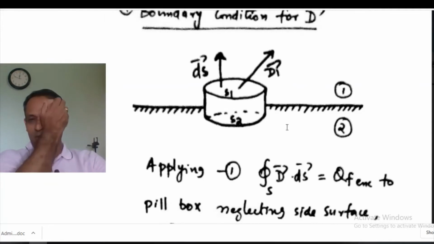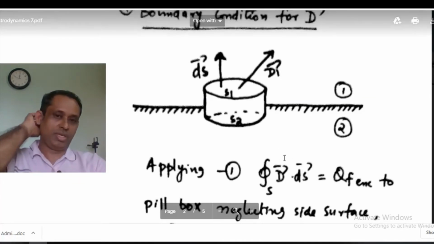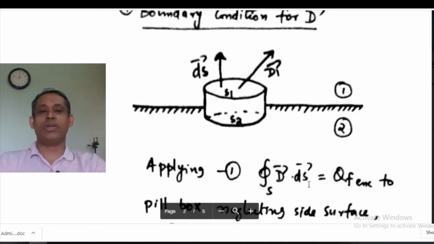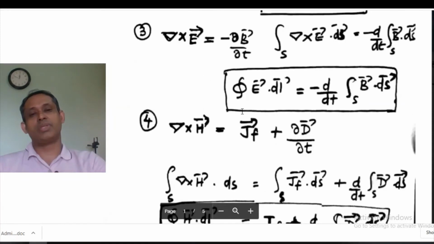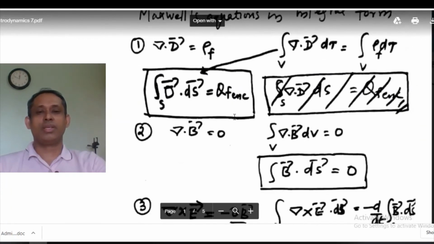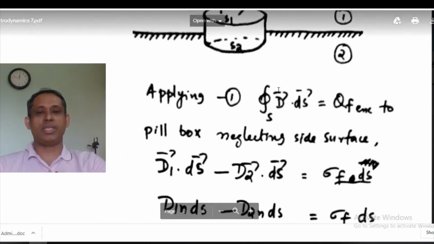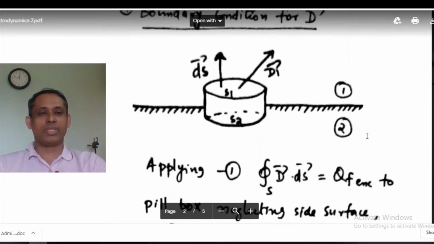On the surface of this Gaussian pillbox, we determine the surface integral of D dot dS, the first equation, that is equal to the charge enclosed.